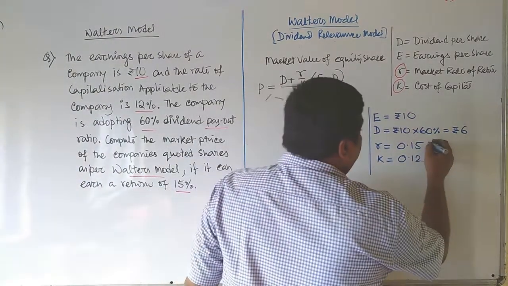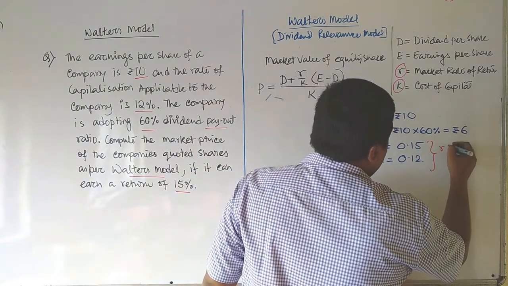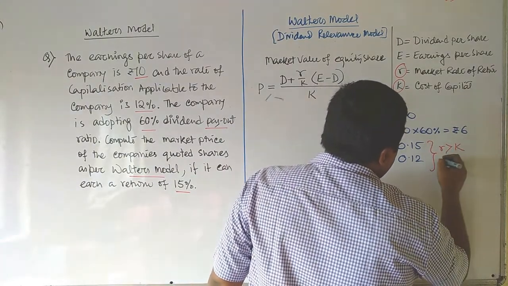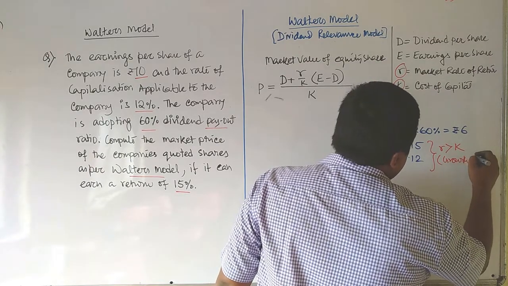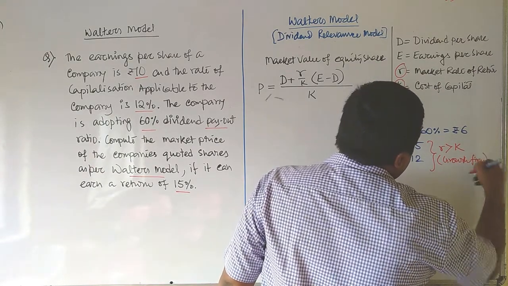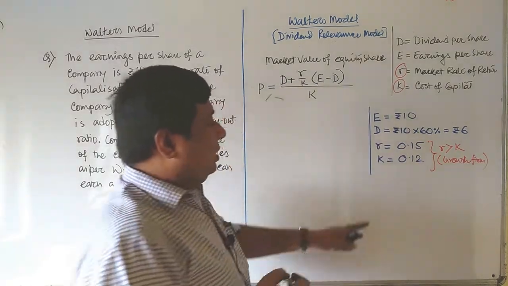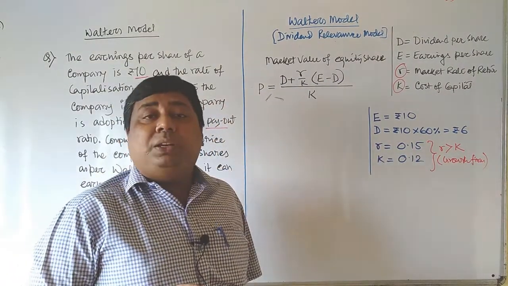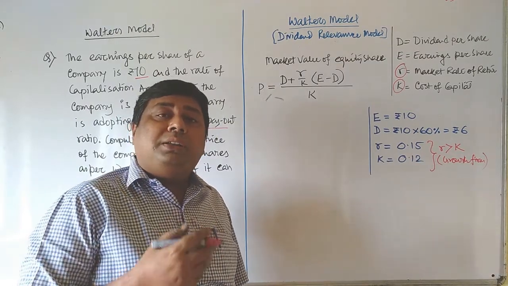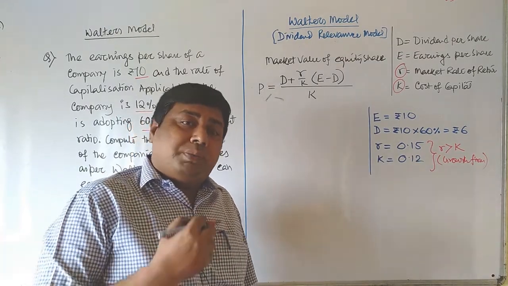If you compare these two, here in this case R is greater than K. According to Walter's model, we can categorize that firm as a growth firm since R is greater than K, or return is greater than cost of capital.